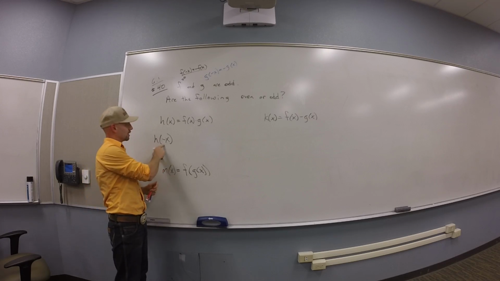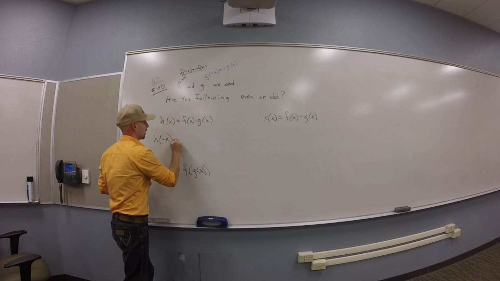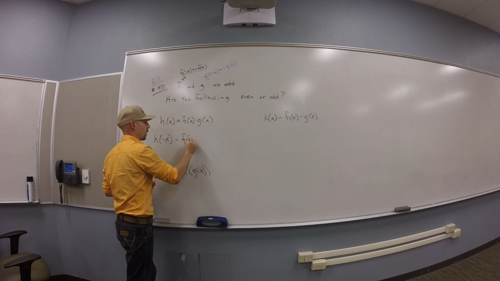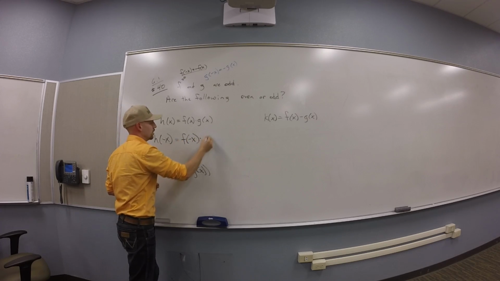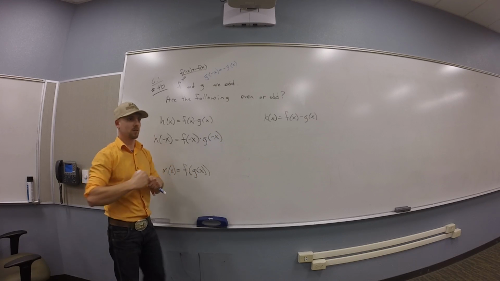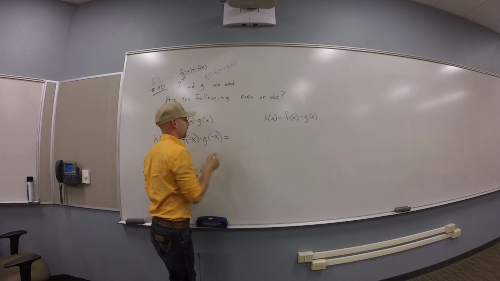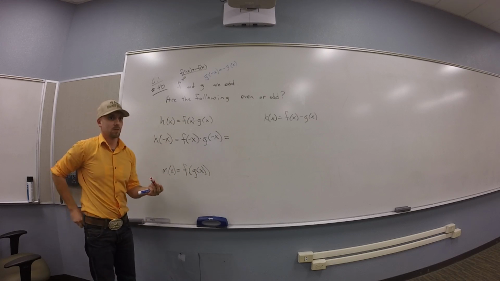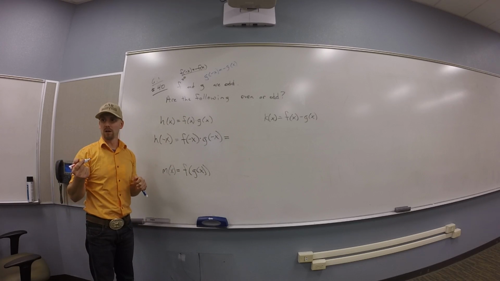So I'm going to start by considering h of minus x. I'm going to say h of minus x is f of minus x times g of minus x. Right? And then what do you use your red fact for?